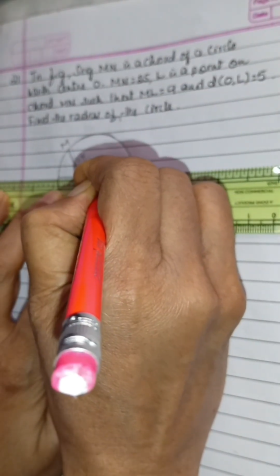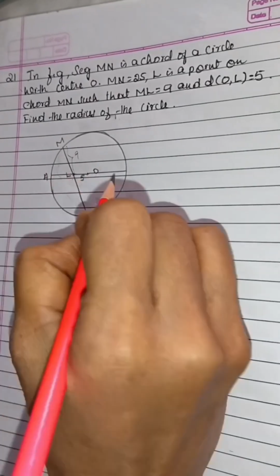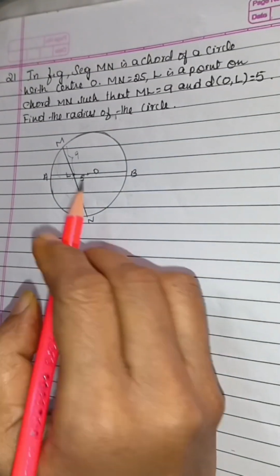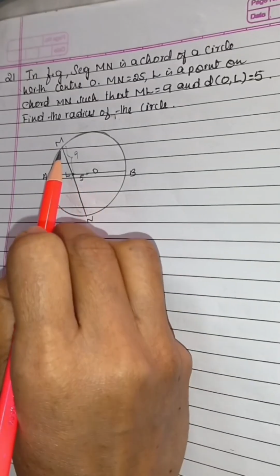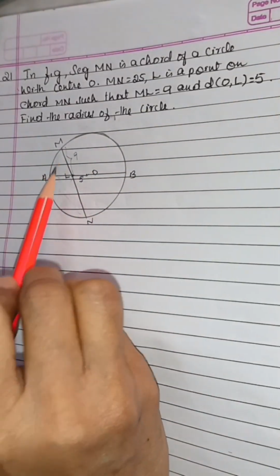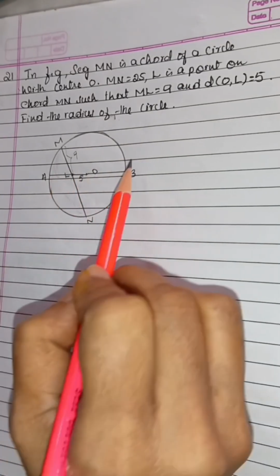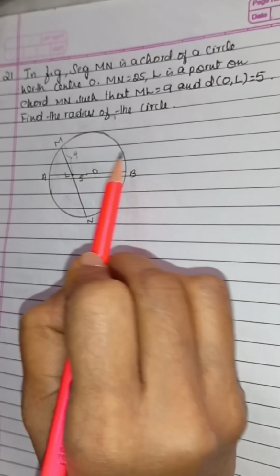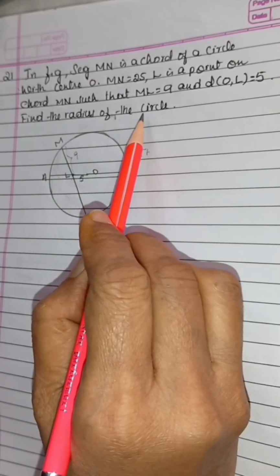Let it intersect the circle at points A and B. So we get two chords. This is the diameter, the largest chord. So that we can use the internal division of chords theorem, and in that way find the radius of the circle.